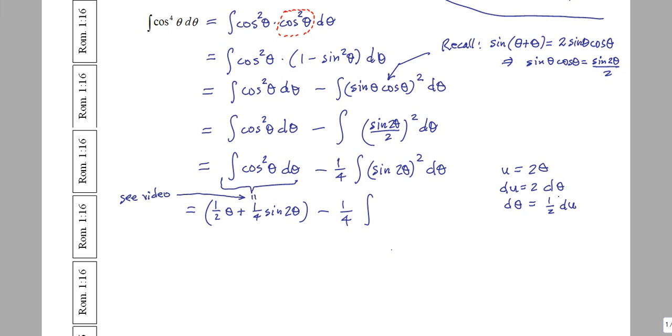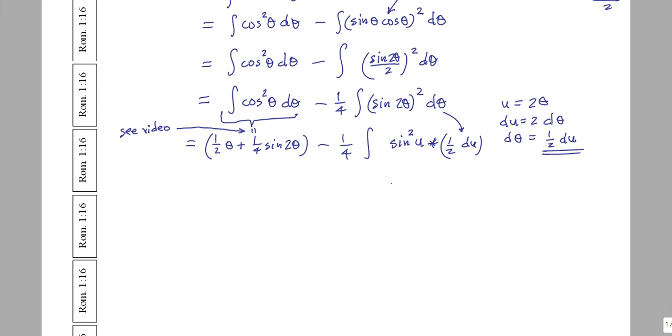And so I'm going to write this as sine squared u times 1/2 du. The 1/2 du is the d theta. That's this right here.